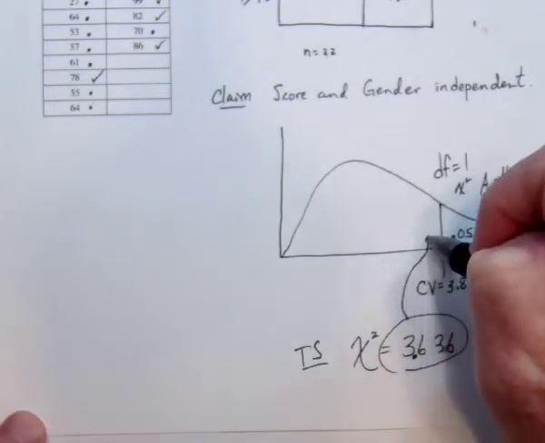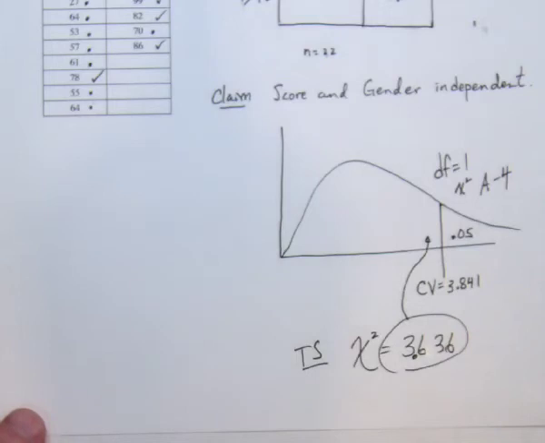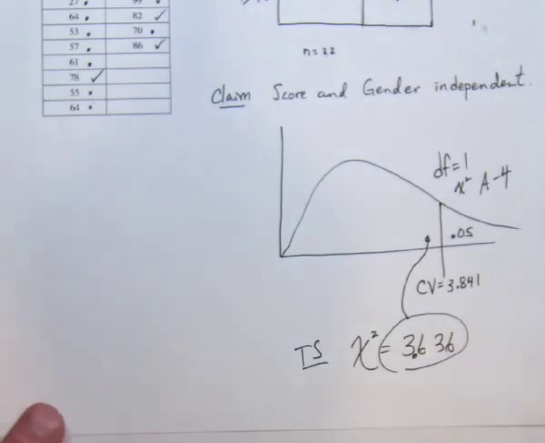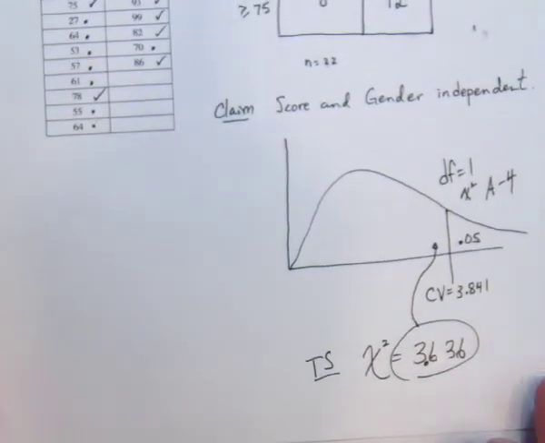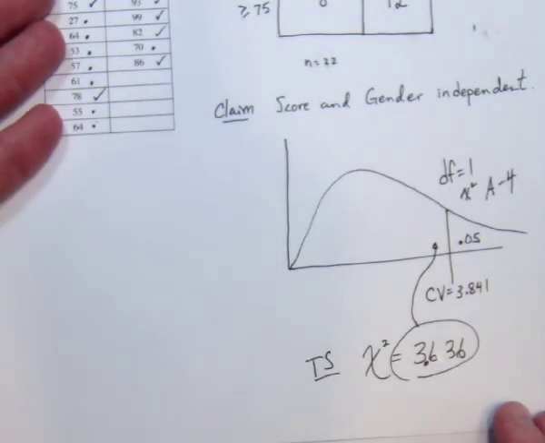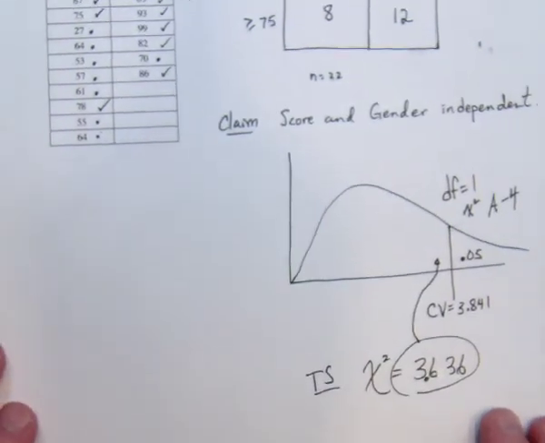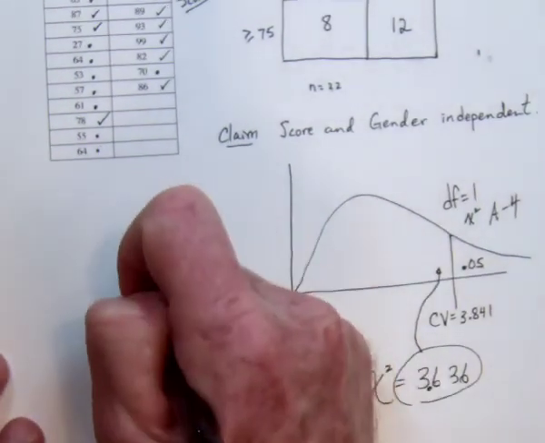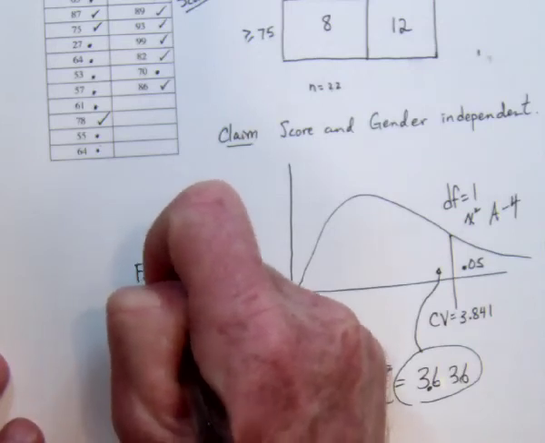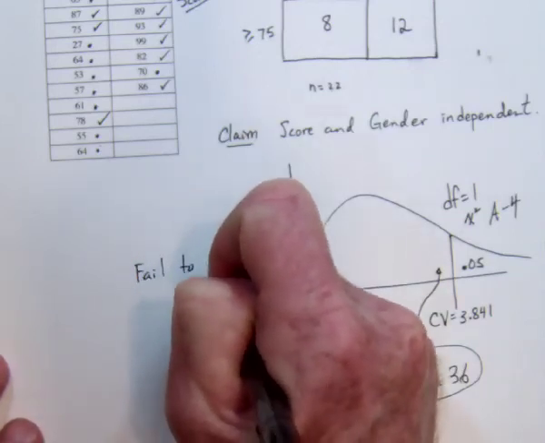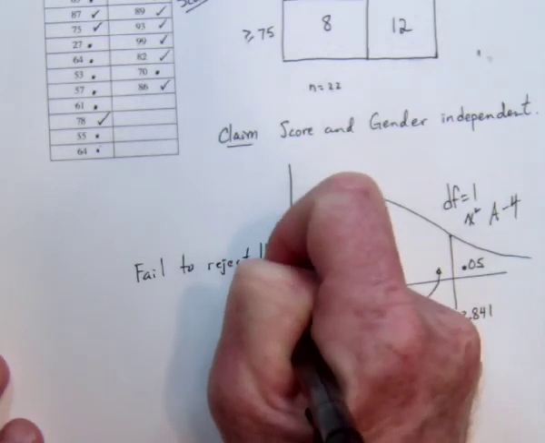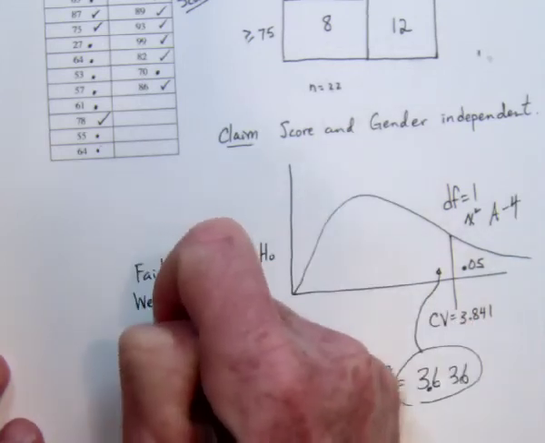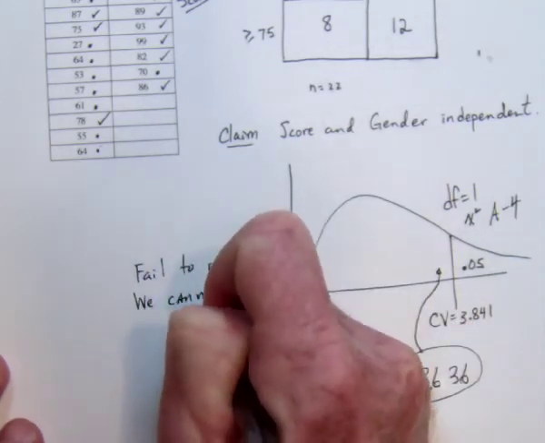The answer is no. It was close, but no. So probably if we would have had just a few more students here, then we would have had enough evidence, but not here. So fail to reject H sub O. We cannot prove anything here.